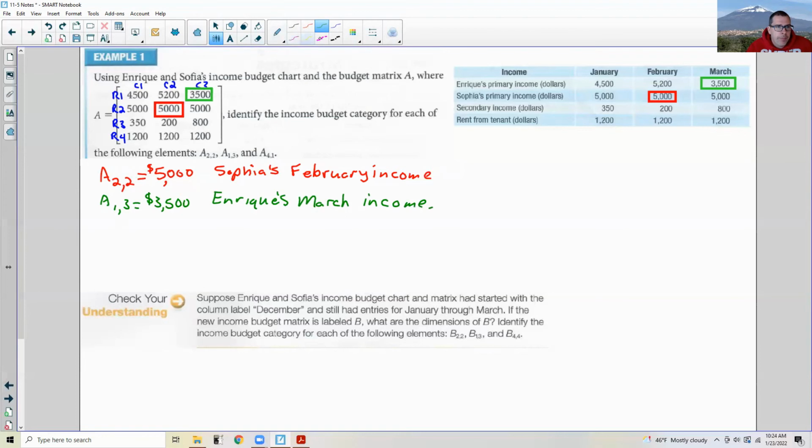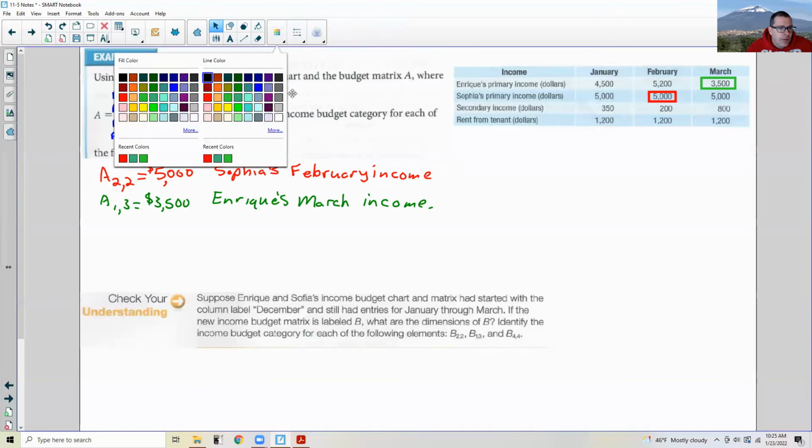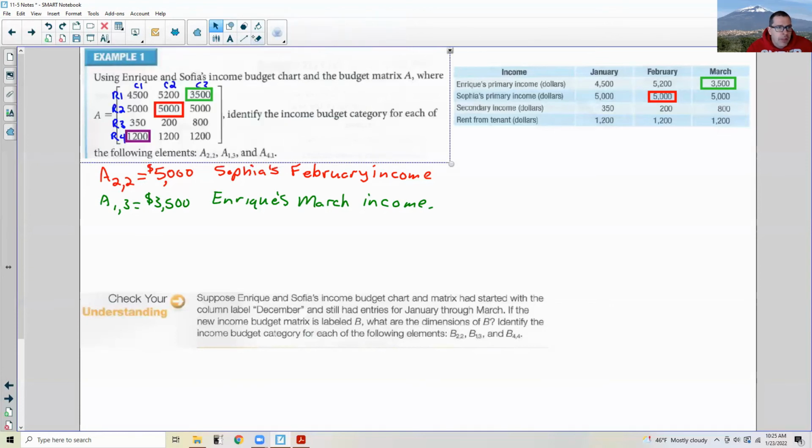Okay, and then the last one we'll do in purple. The next one says A4 comma 1. So let me get my square here. Row 4, column 1 is right here, and we're also going to draw that. That ends up being right here.